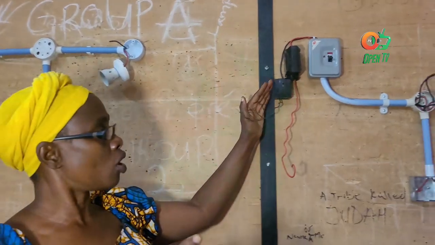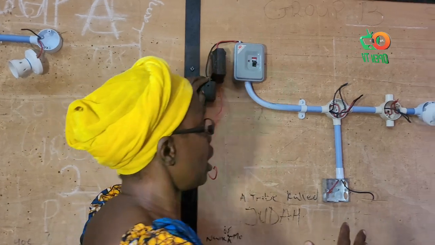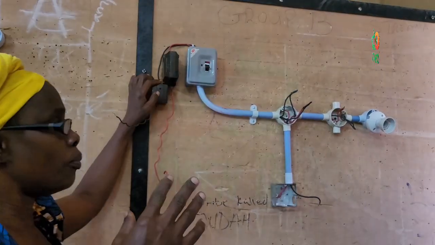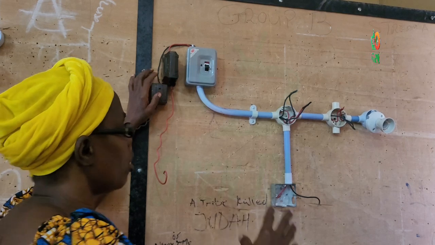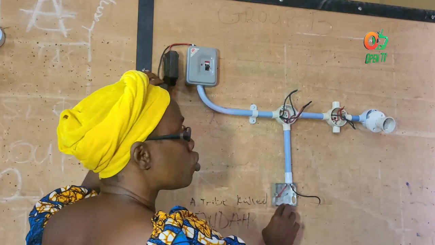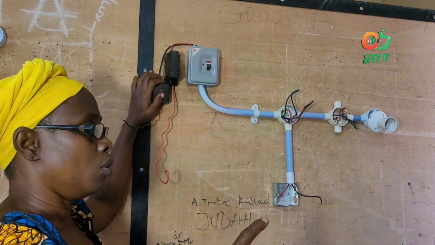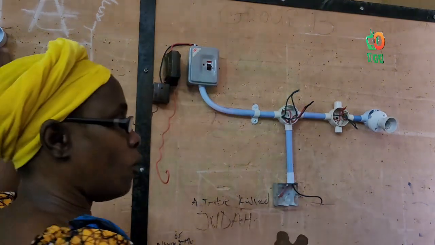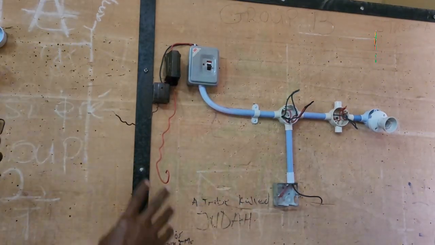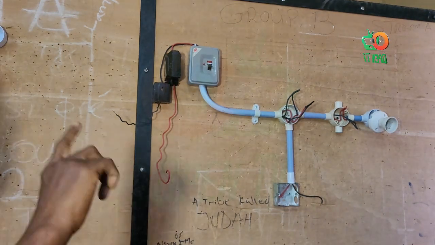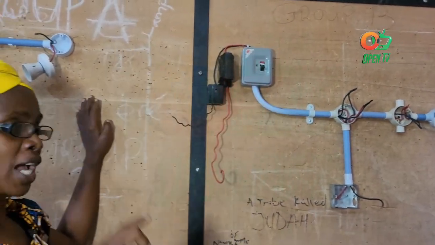The next installation we are looking at here is a parallel connection in a building where we have a point that can control more than one bulb. You can see the difference. When we look at the first one, it's a two-way switch, whereby two switches control a point of light.